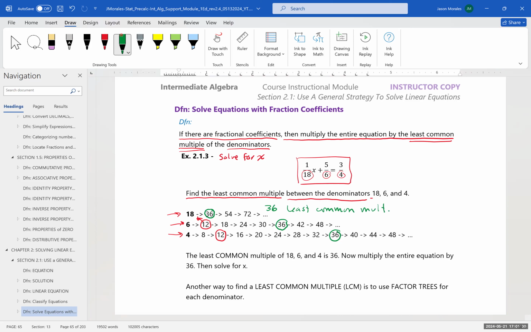We could possibly have 18 be the least common multiple, but the problem is that we have 18 here and 18 here, but we don't have 18 as a multiple of 4. So that's not going to work either. So 36 is our least common multiple of all three denominators. The least common multiple of 18, 6, and 4 is 36. Now multiply the entire equation by 36 and then solve for x.